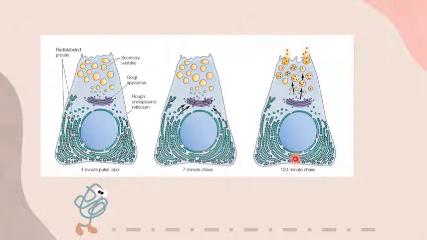So here we can see that the pathway of the protein is first the rough ER, then the Golgi apparatus, then the cell surface via the secretory vesicles, and the contents will be released outside the cell to their final destination. So this is the pathway for the protein synthesized within the ER.